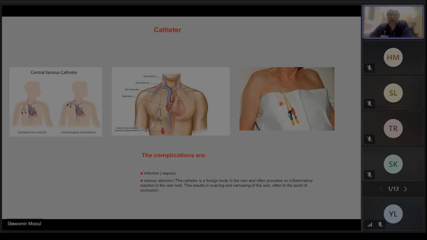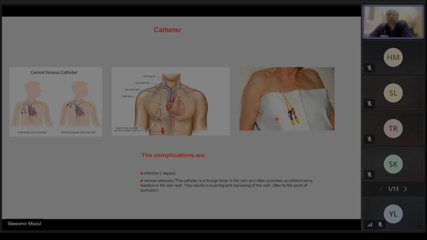It is usually placed in the internal jugular vein in the neck, and the exit site is usually on the chest wall. So we have the tunnel under the skin, and the tunnel acts as a barrier to invading microbes.